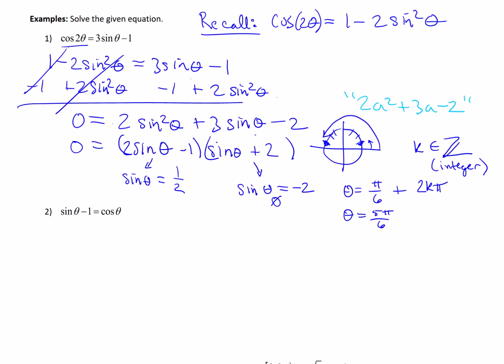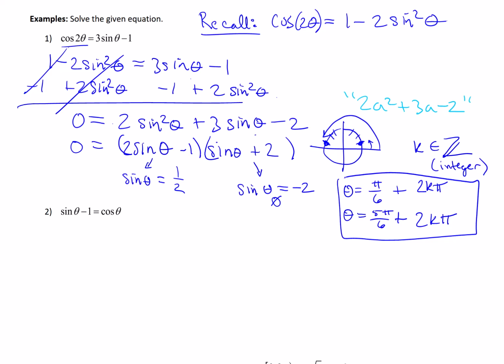If I start at pi over 6 and add another lap, meaning 2 pi, that takes me back to the same place, but that does not stop at the other solution we're identifying here. So we're going to have to represent the other one as its own set of repeated solutions, 5 pi over 6 plus 2k pi, same kind of thing.